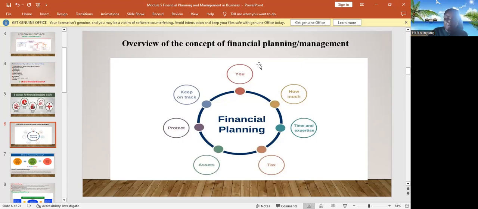And who are the people you want to bring in? Looking at the overview of financial management, how much do you have as far as financial control is concerned? Everything, the concept, is you.